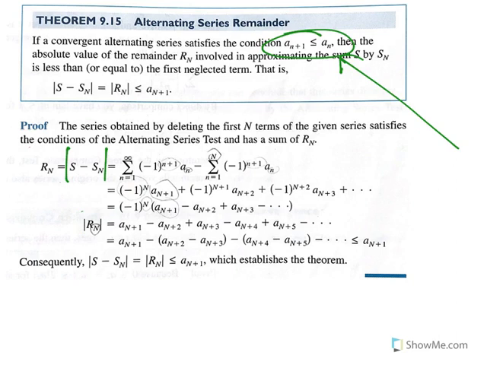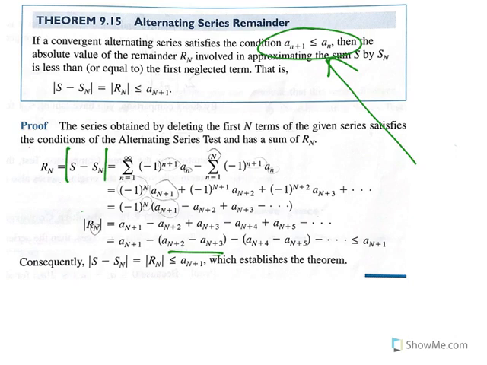Again, you're just factoring out a negative 1 from the first group. So you can see that when I factor out a negative 1 from the first term, I would have this. And each pair of terms that you have in the parentheses are going to be non-negative, again, because of this condition, because any term that follows is going to be less than or equal to the preceding term. So when you do the subtraction here, that's going to be a non-negative quantity.